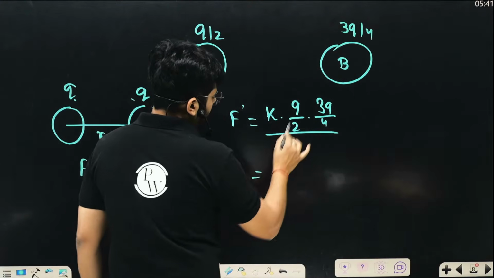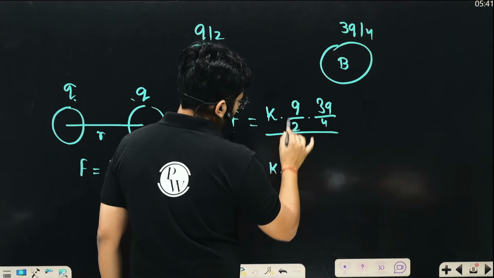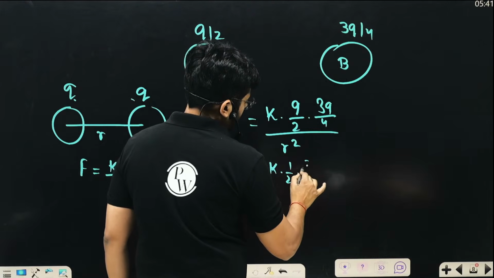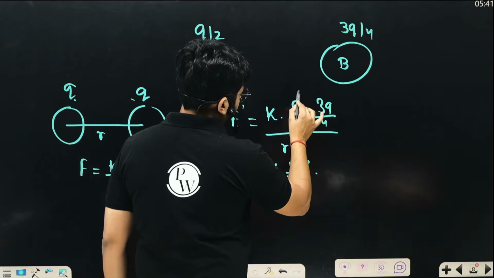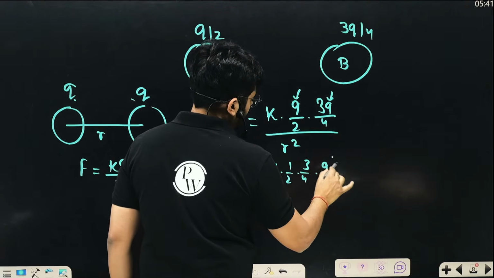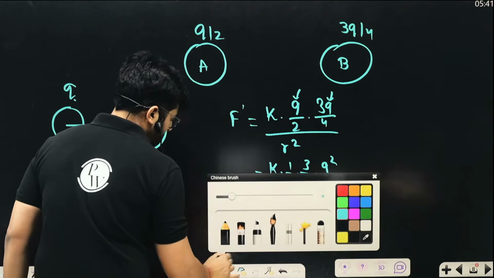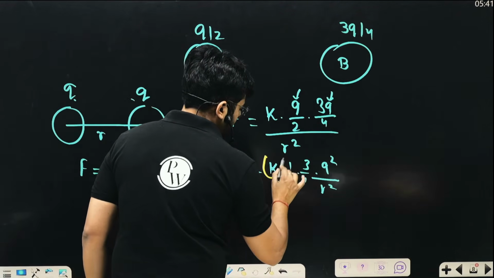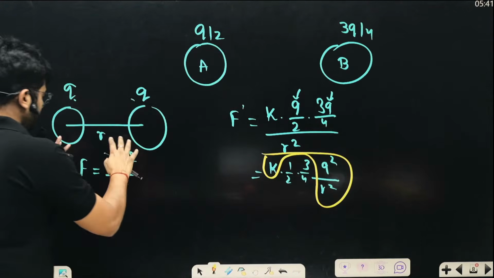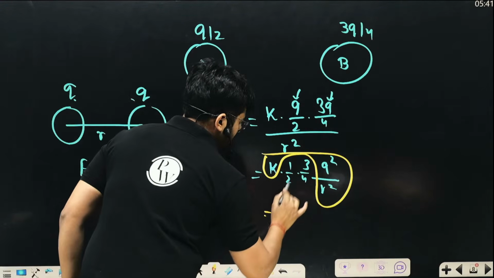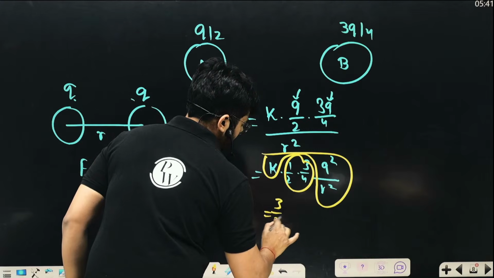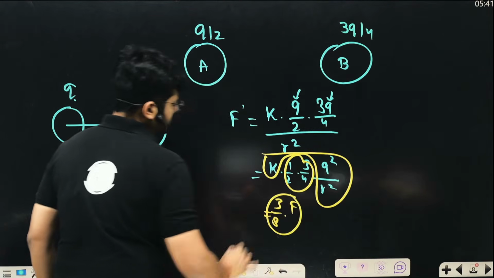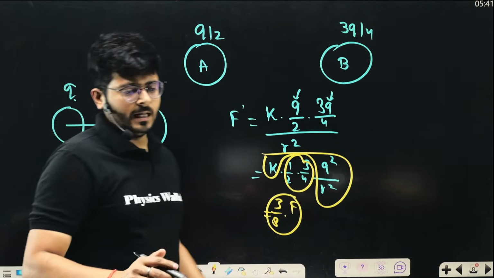If you multiply, K into 1 upon 2 and 3 by 4, and Q and Q become Q square upon R square. Look at that part, KQ square by R square, this is the initial force. So this expression remains, 3 by 8, and this is the original force. So the new force is 3/8 times the original force.